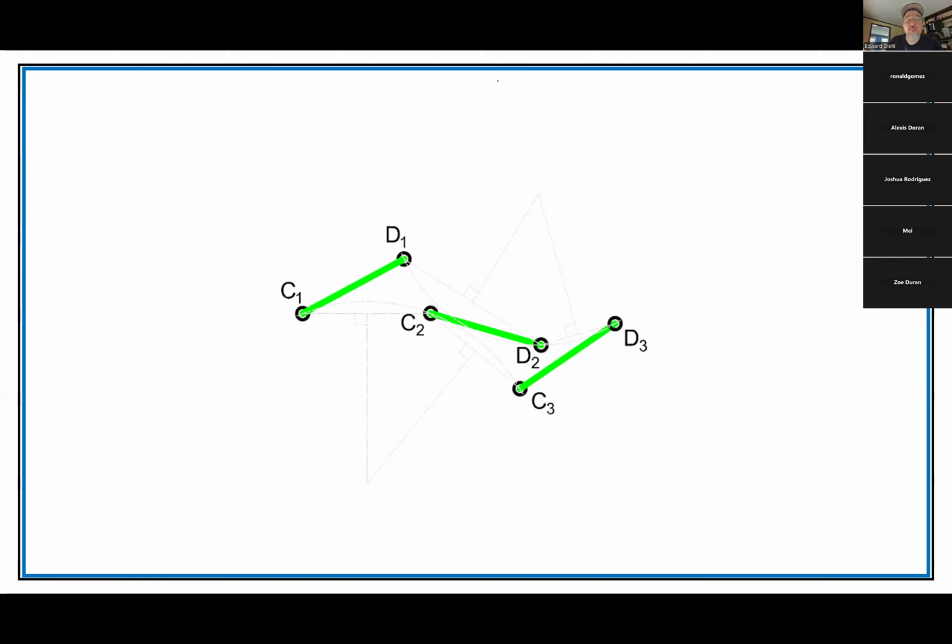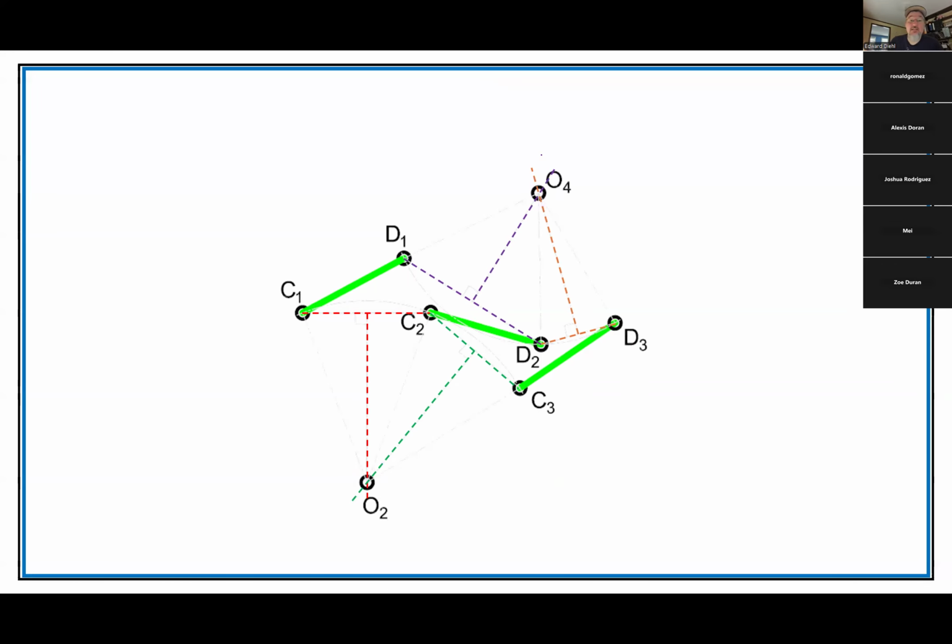I've drawn them in there, but we draw a line between C1 and C2 and between C2 and C3. Then we draw perpendicular lines through the center of those new lines, and we see where they intersect. Then we do the same thing for D1, D2, and D2, D3, and we see where they intersect. Boom. Those are the grounds for this mechanism.